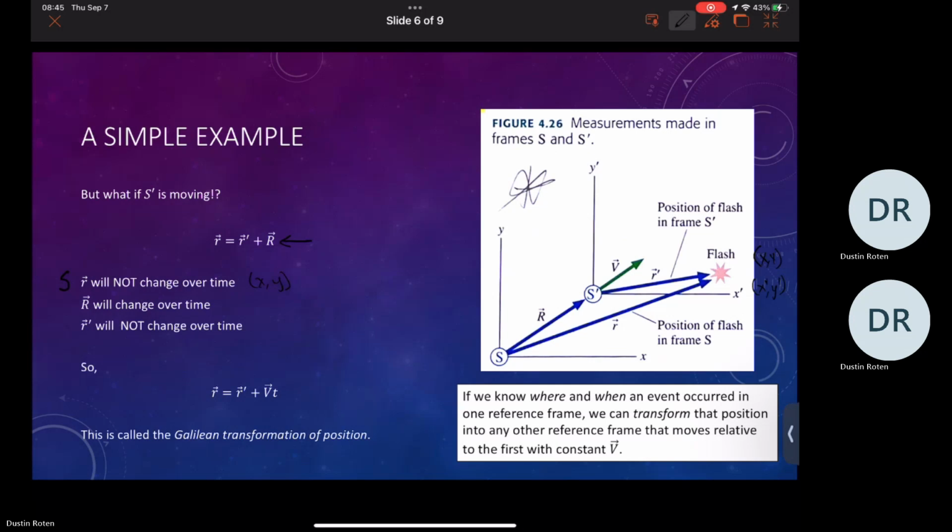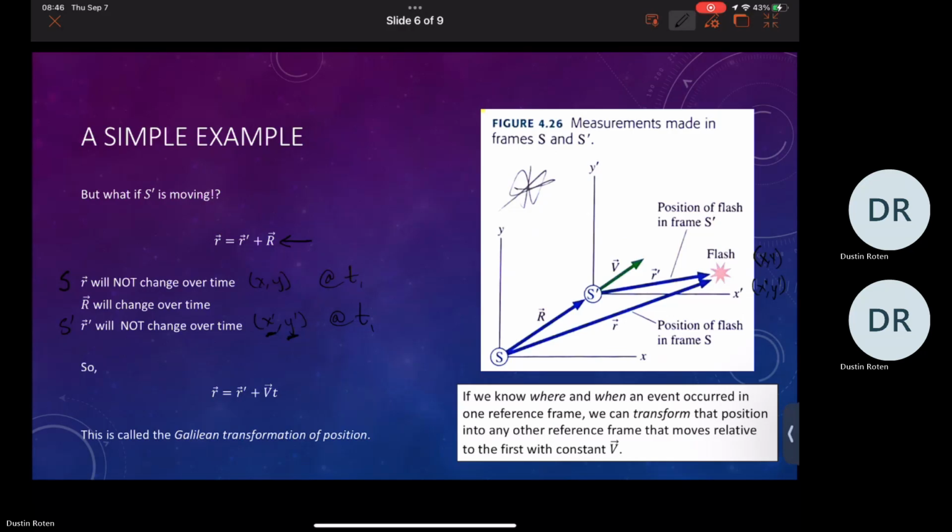Now when group 2, the S prime people, measure this flash, they measure it at X prime Y prime. That's not going to change for them. At this one time, at some t1, we measured this event at X prime Y prime. Now these numbers are not going to change.